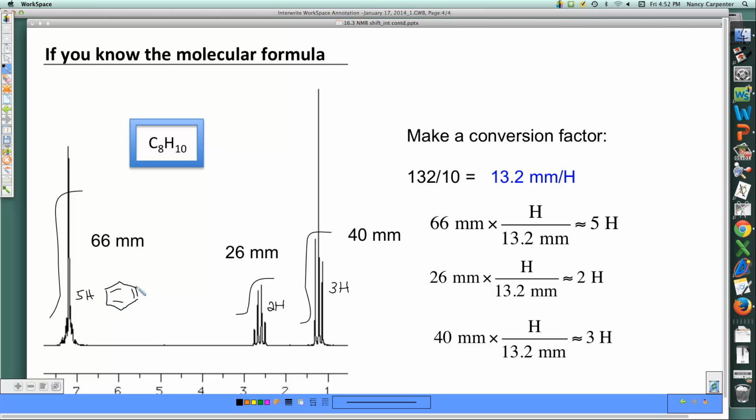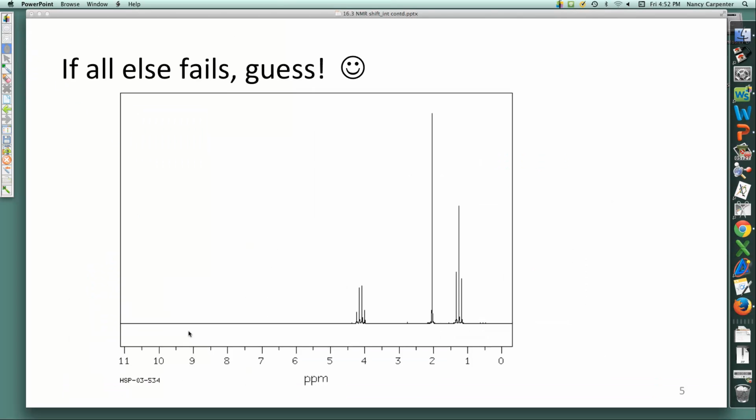It's probably a monosubstituted aromatic ring, because here are those 5 hydrogens hanging off and showing up around 7. It's amazing how much information you can get from an NMR spectrum.